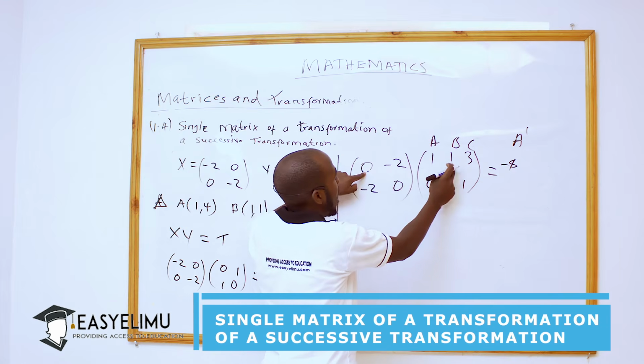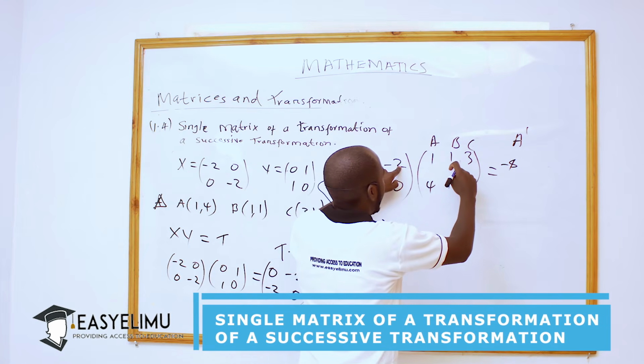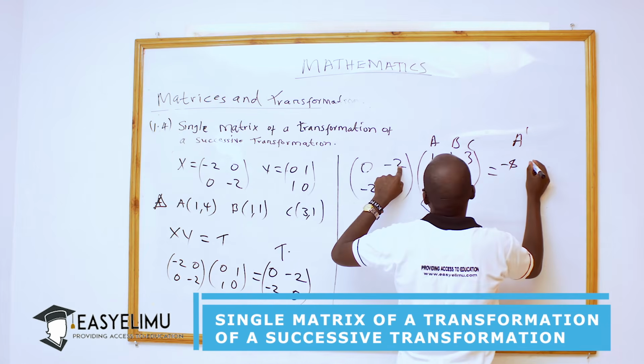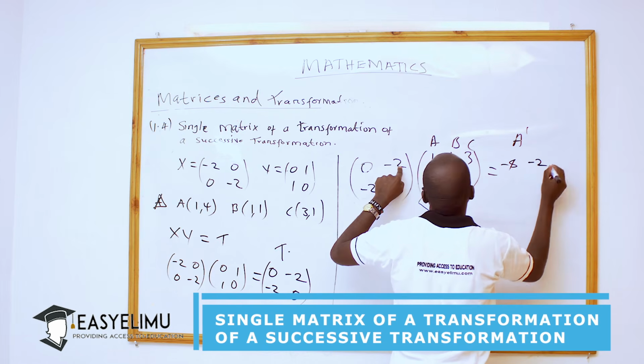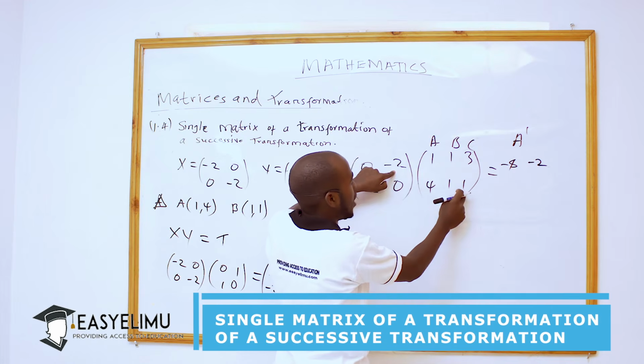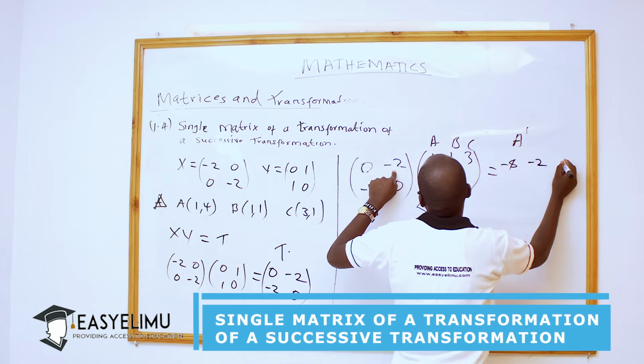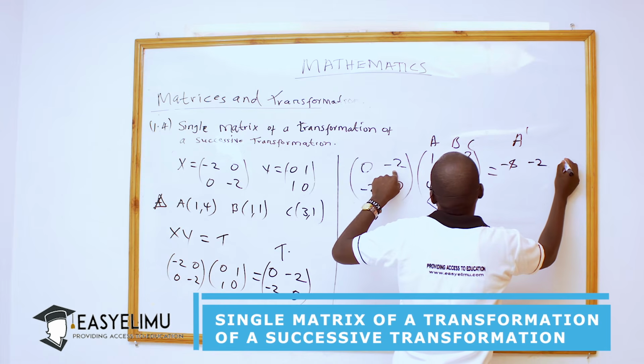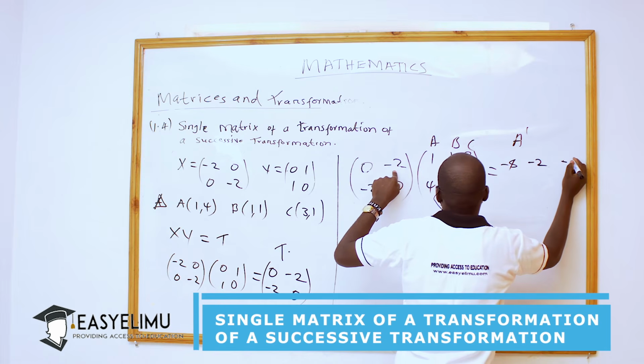Then 0 by 1 plus negative 2 by 1, we get the second coordinate being negative 2. 0 by 3 plus negative 2 by 1, we get our third coordinate being negative 2.